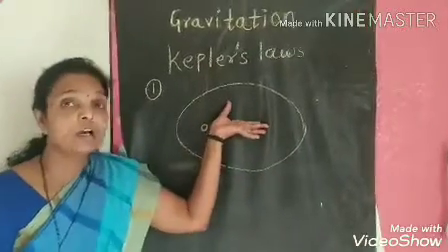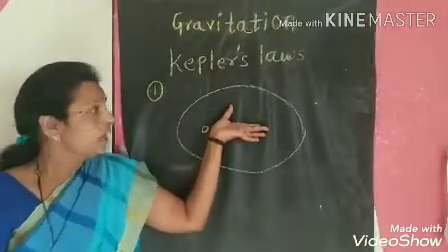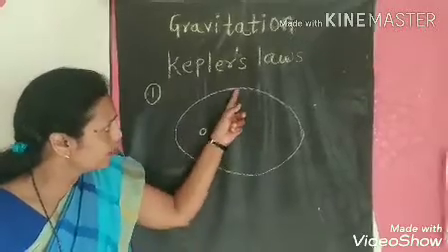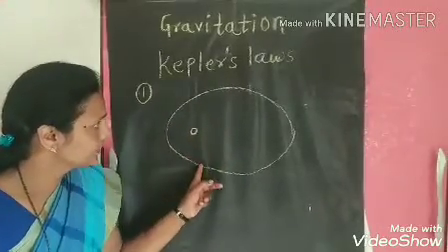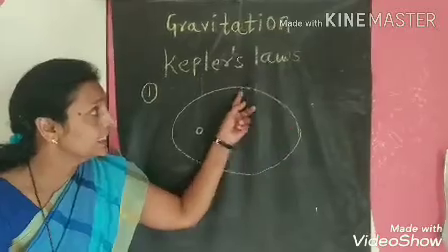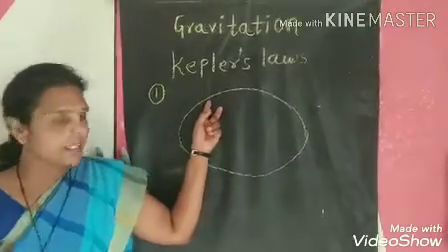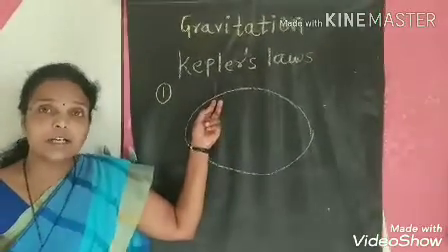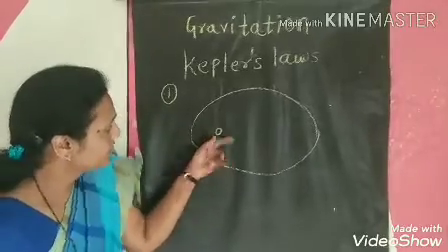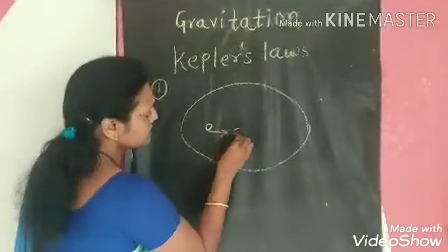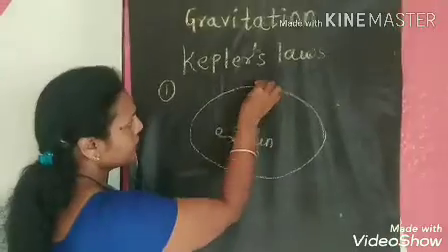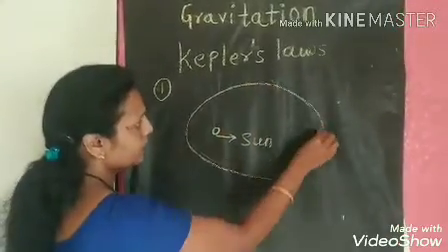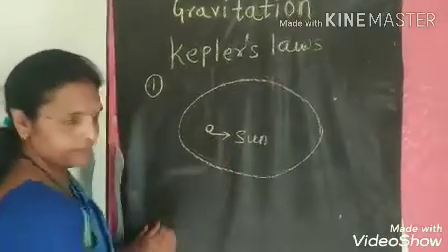It is not a circular shape. The orbit of a planet is an ellipse with the sun at a focus. Suppose this one is the sun, and the planets are revolving around the sun.